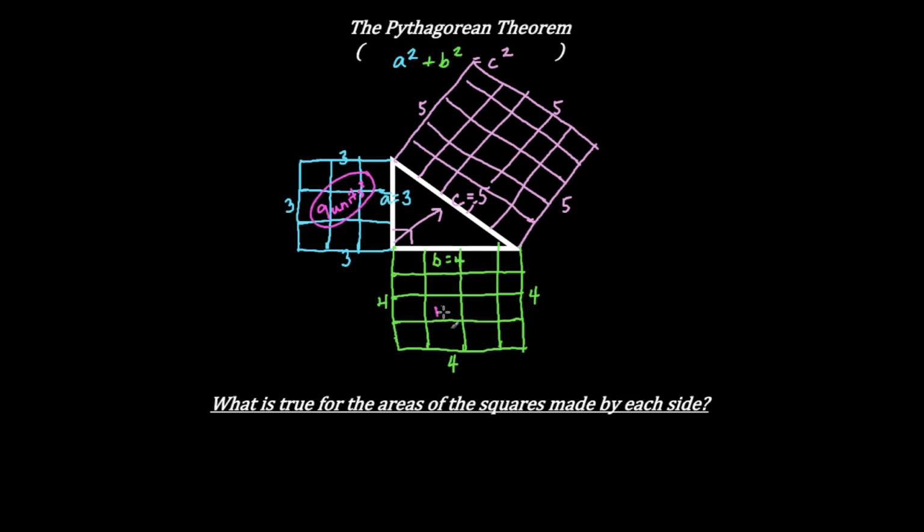This one is 16 square units. And this one is 25 square units. If you notice, 9 plus 16 is 25. So if you do 3 times 3 and add 4 times 4, you get 5 times 5.